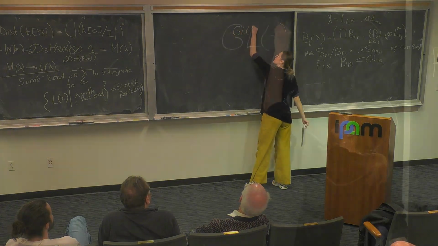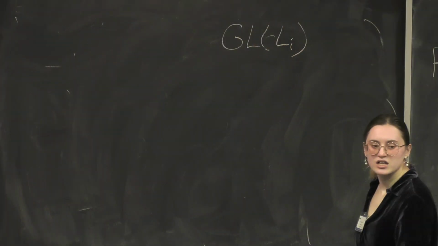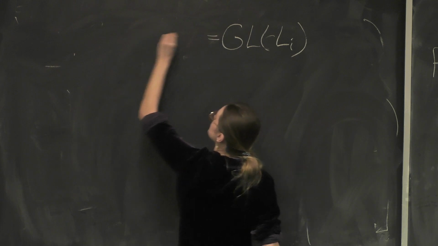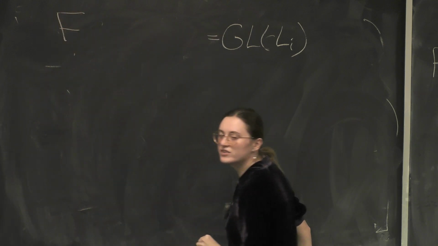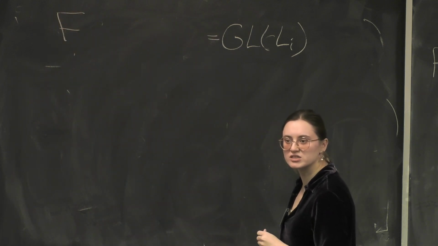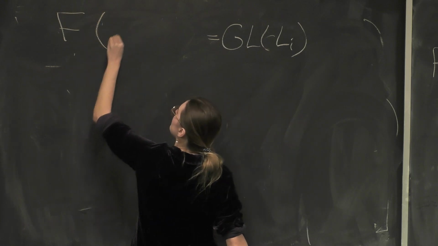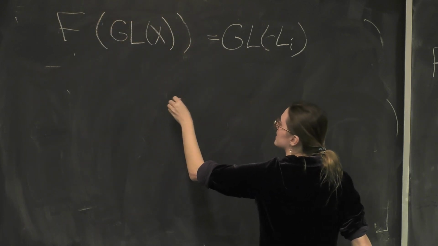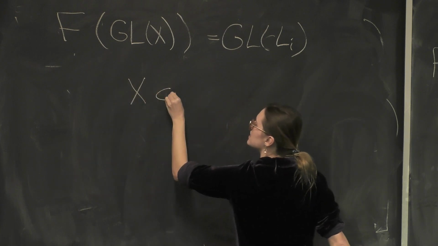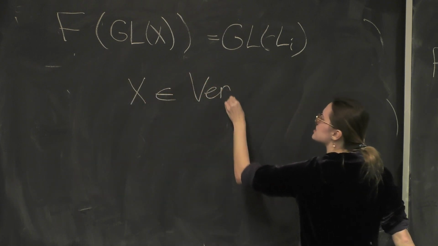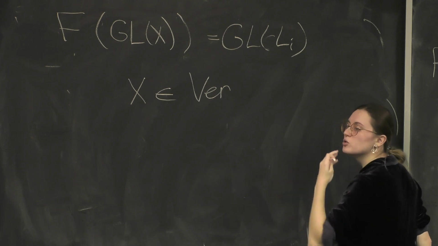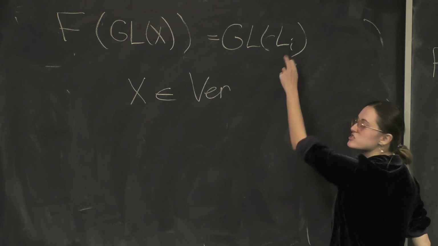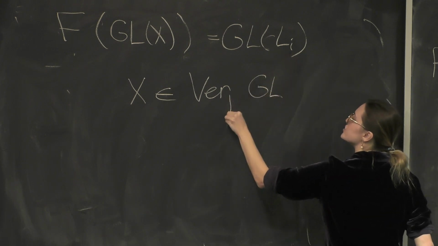So it turned out that GL of Li as a group scheme is just the image under this fiber functor that we constructed before of the GL of X, where X is an element generating the tautological I-dimensional representation of GLI.